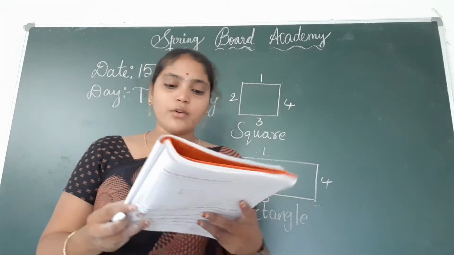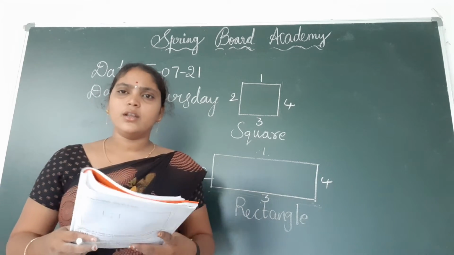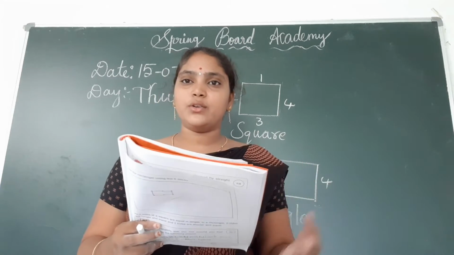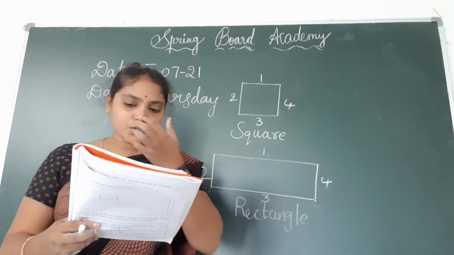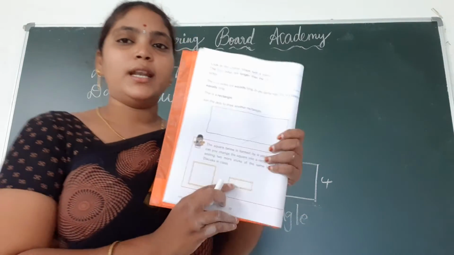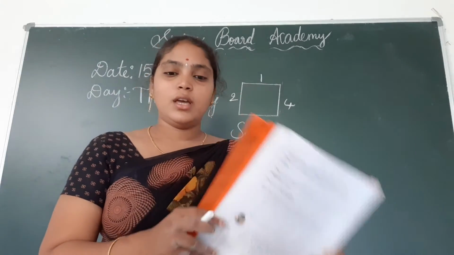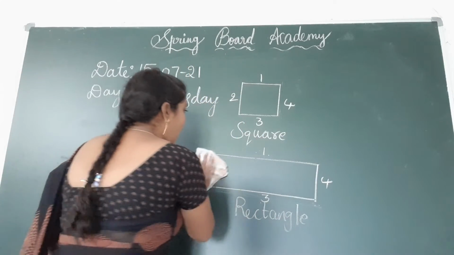Now, how can you change this square into a rectangle? Can anyone tell, children? By adding 2 more sticks of the same length. Here are 2 more sticks, children. Now you can add these 2 sticks to change this square into a rectangle.